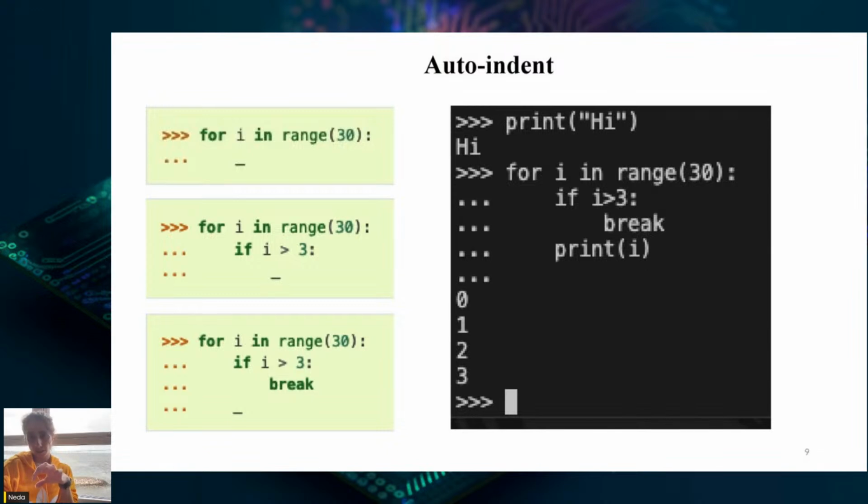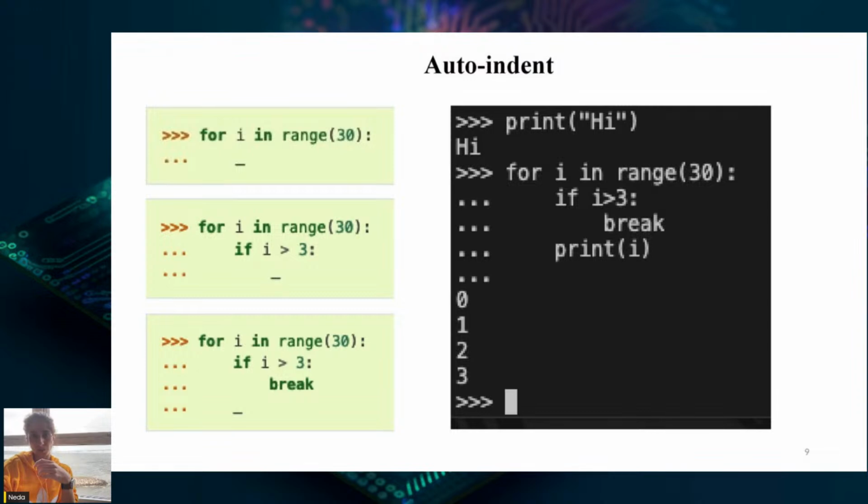When you press enter, the next line will continue at the same level of indentation for regular statements, or an additional level of indentation where appropriate. For example, here, when we wrote if i greater than 3 colon, then the cursor is here, exactly at the indentation of this if.